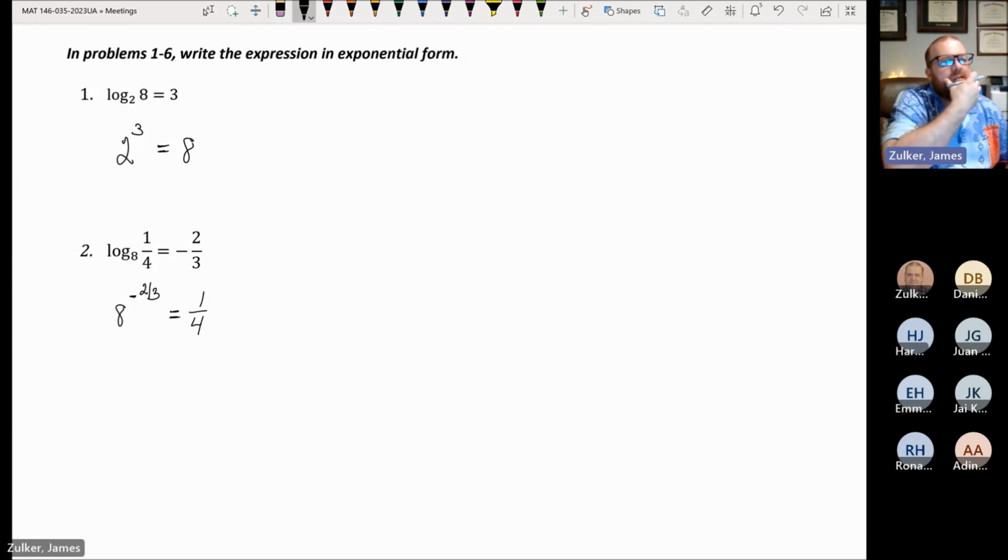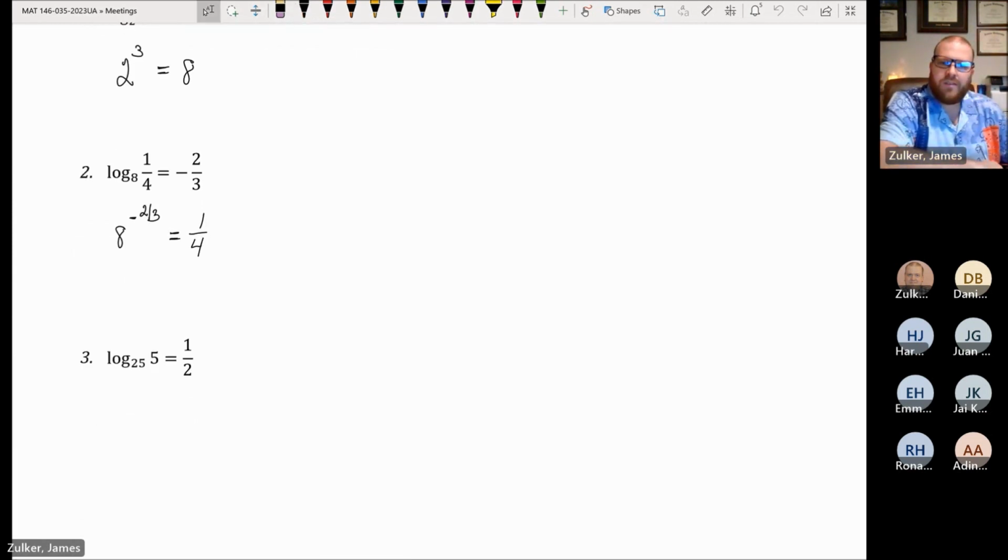And it equals a quarter. What is the base going to be here?